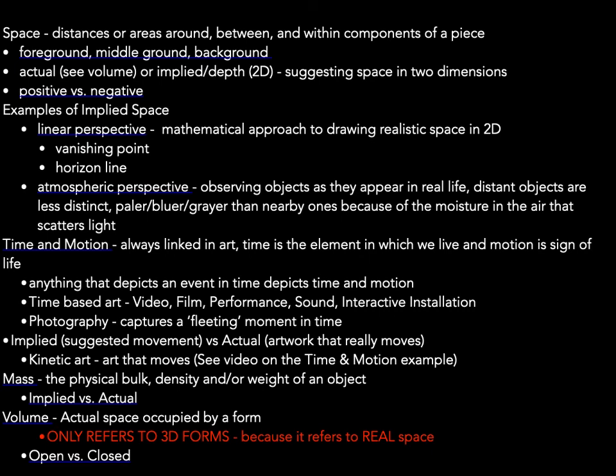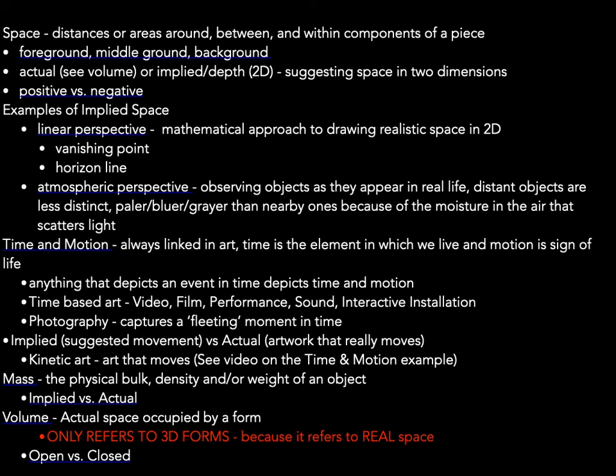So the last two elements that we'll discuss are mass and volume, and they kind of go together. Mass, I define differently than your textbook because it's easier to understand this way. Mass is the physical bulk, density, and/or weight of an object. That would be the actual mass of a three-dimensional thing.